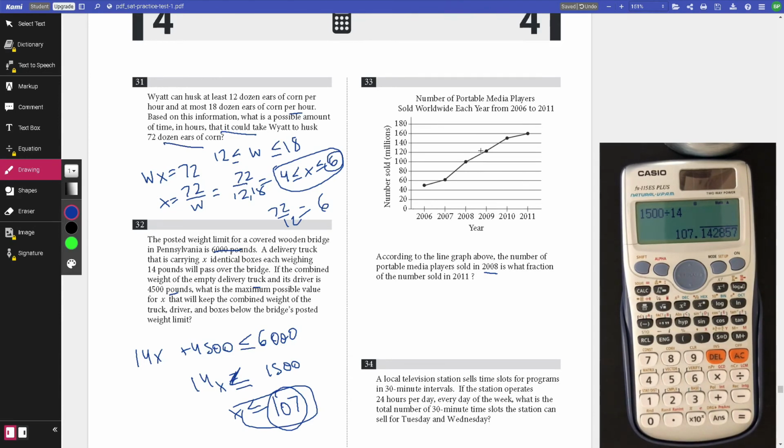We have 2008, we have 100, and then 2011 we have 160. So we can do part over whole, which is equal to 5/8. That's our answer.